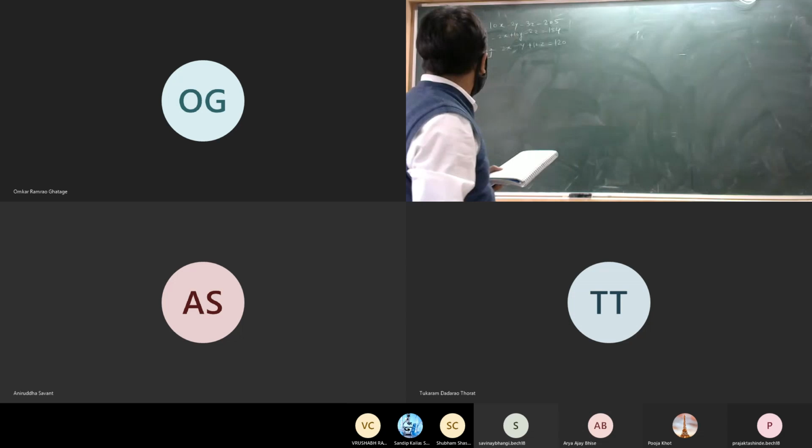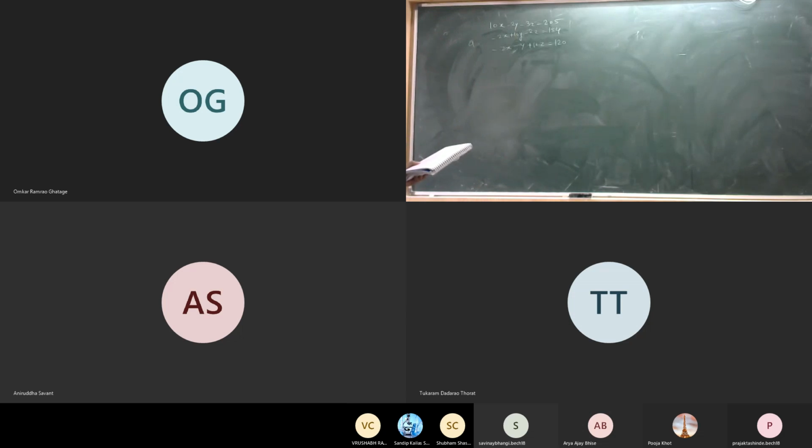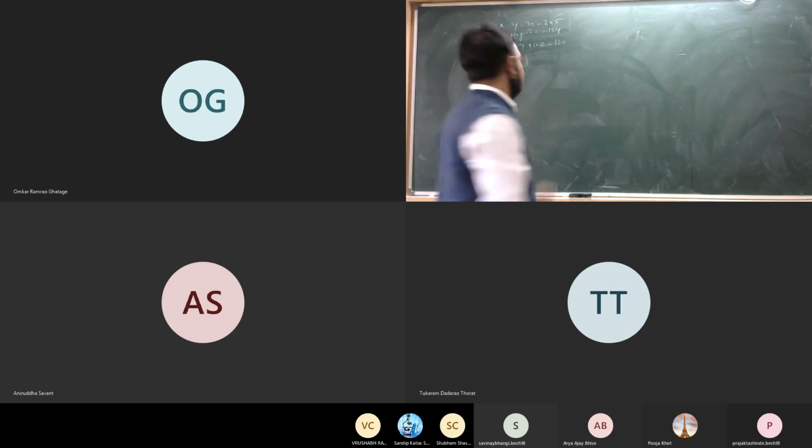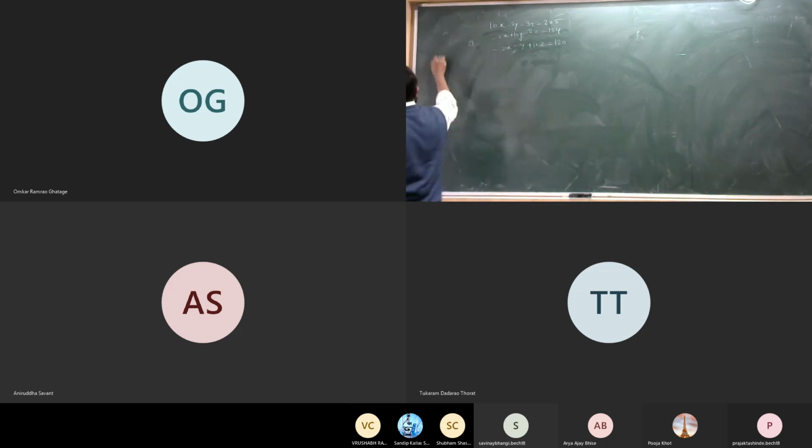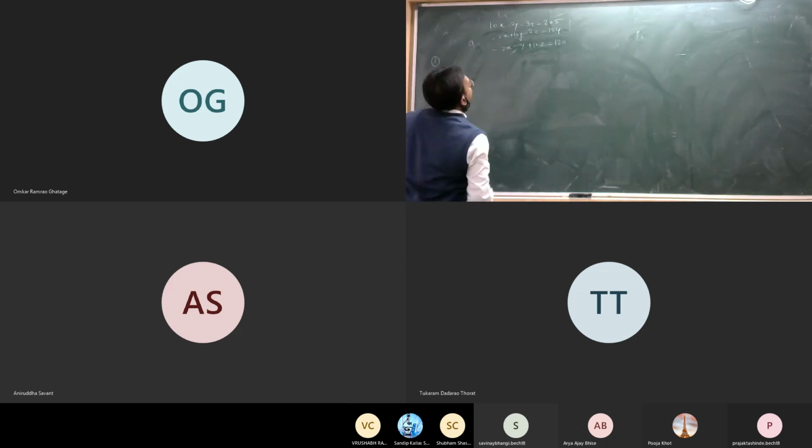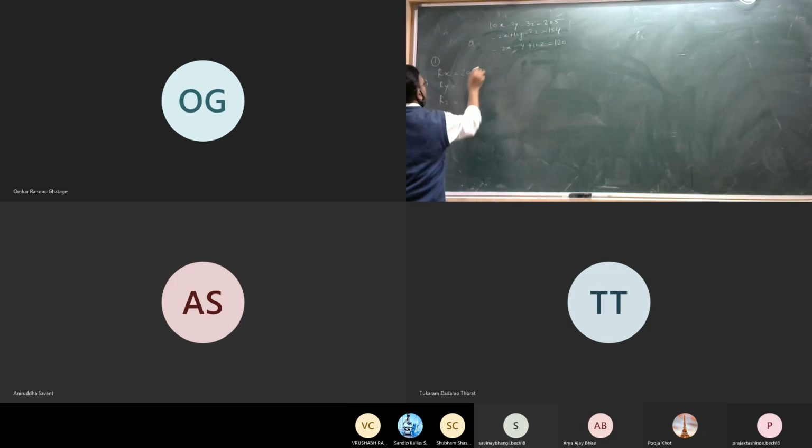10x minus 2y minus 3z is 205, minus 2x plus 10y minus 2z is 154, minus 2x minus y plus 10z is equal to 120. Okay, so we need to first create the residual equation. So Rx, Ry, Rz we need to create, simply putting all the terms on the right side.